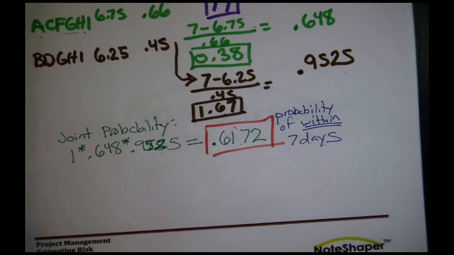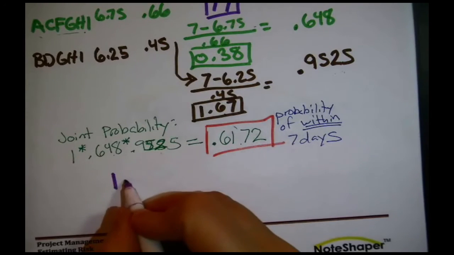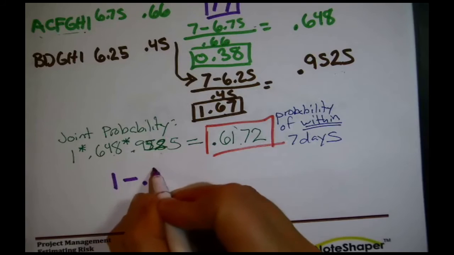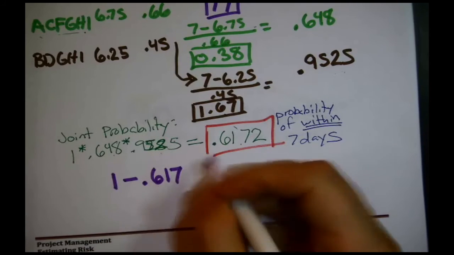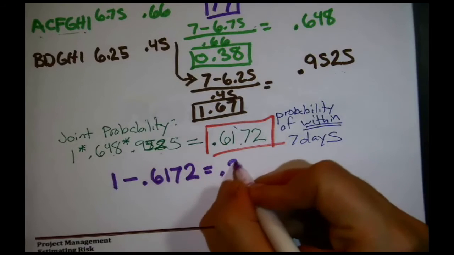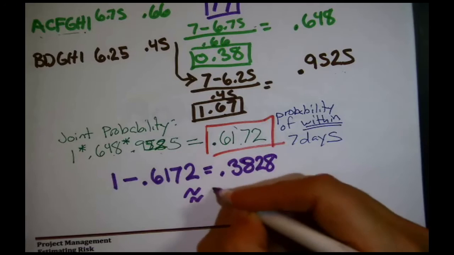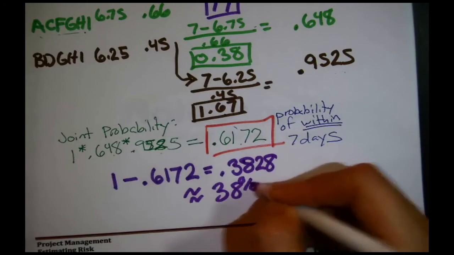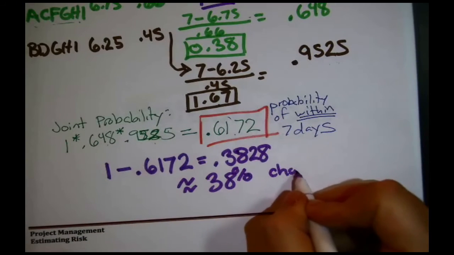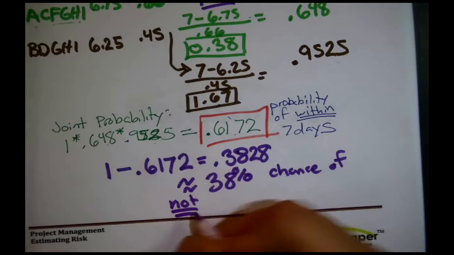So what is the chance of disaster? One last calculation, 1 minus 0.6172, 1 minus that number, I get 0.3828, or about 38% chance of not finishing in 7 days. That's what they asked.